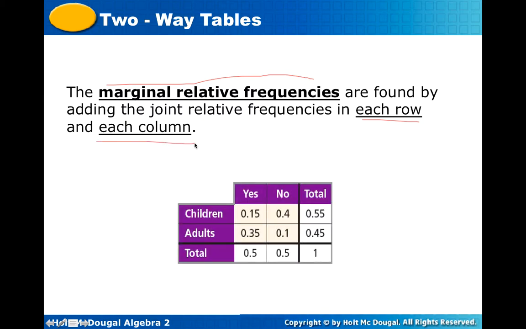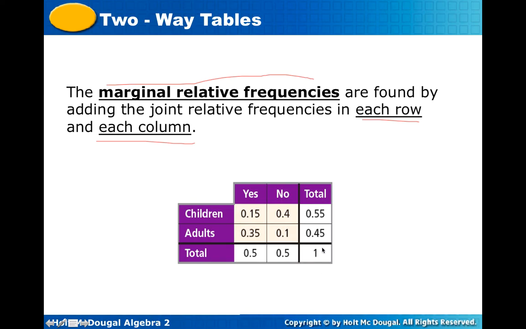So again, we got these numbers by dividing 3 by 20 in this one, 8 by 20 in this one, 7 by 20 in this column, and 2 by 20 in this last one. 0.15 plus 0.40 equals 0.55. 0.35 plus 0.1 equals 0.45. 0.15 plus 0.35 equals 0.5. 0.4 plus 0.1 equals 0.5.